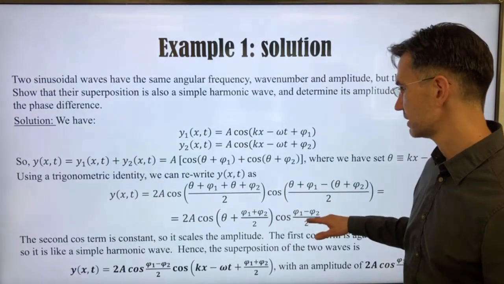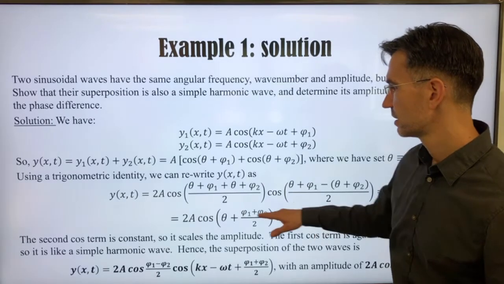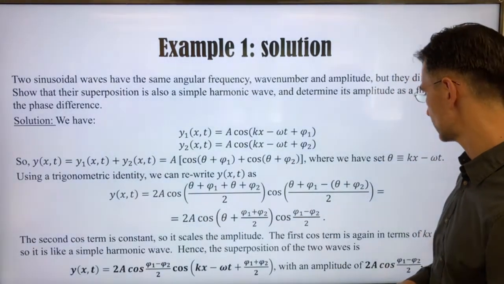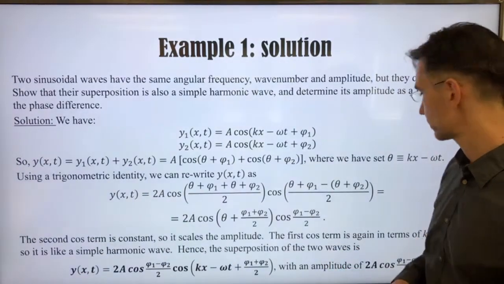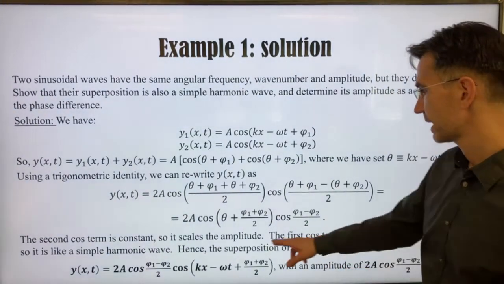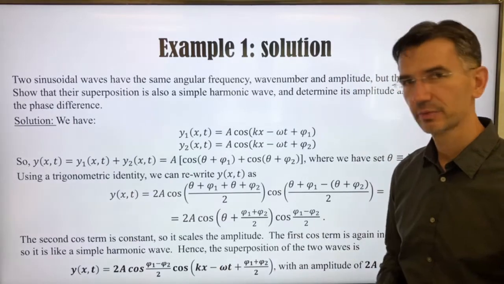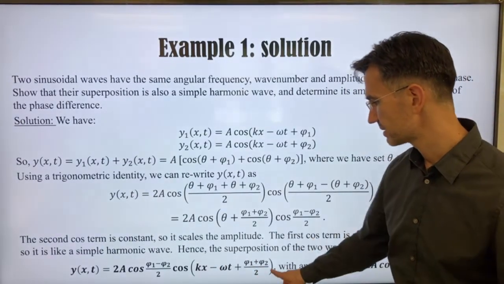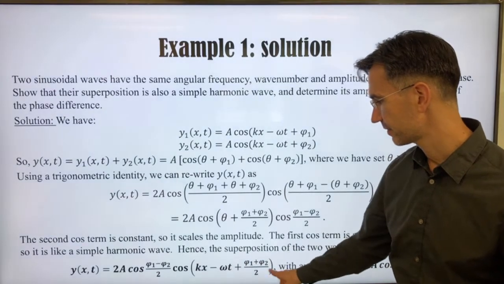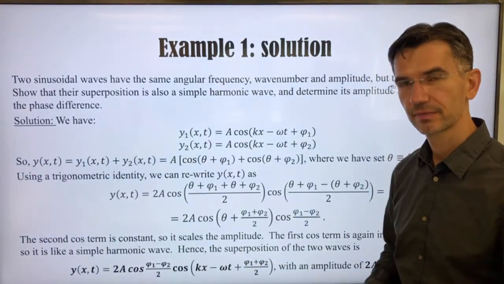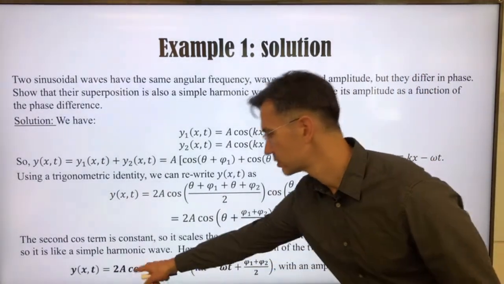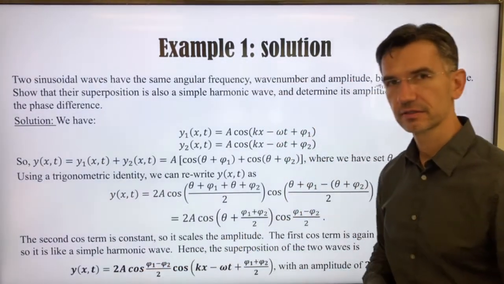So the sum of the two waves is still a simple harmonic wave, because it still has this kx minus omega t dependence under the cosine. It has a phase that is half of the phase sum of the two waves, but it has a modified amplitude: 2A times cosine of the phase difference over 2.